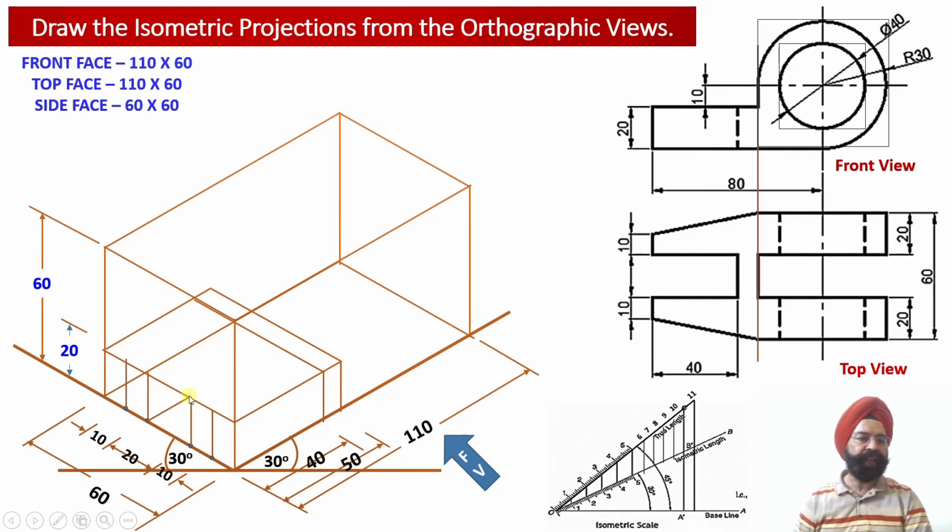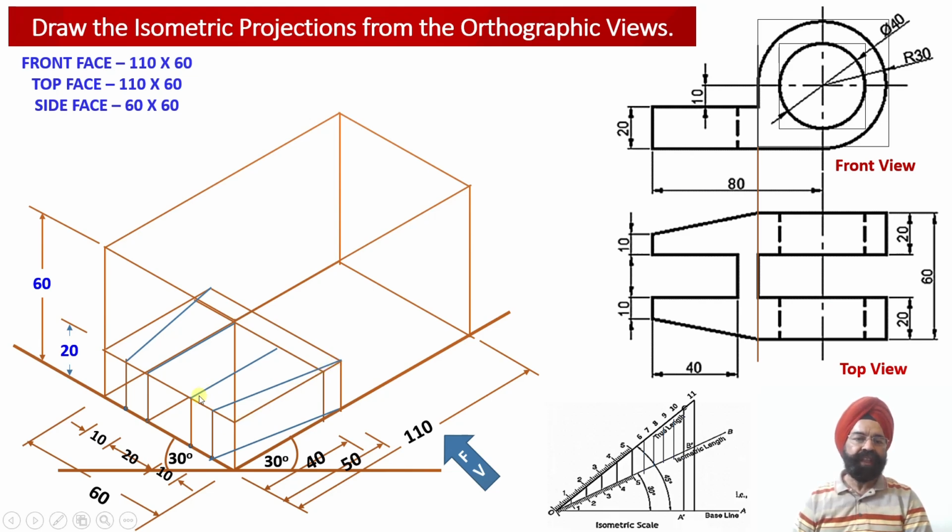So 2 isometric lines we need to connect up to this distance of 40 millimeter parallel to the z-axis over here. So please check this blue projector line and this blue projector line. So these 2 isometric projector lines we have drawn parallel to this isometric z-axis over here, or parallel to this vertical outer surface of the solid over here.